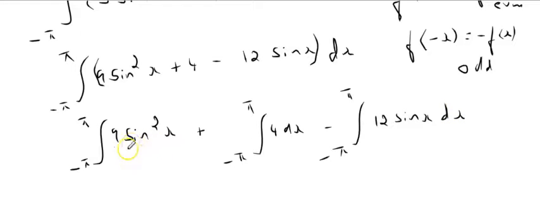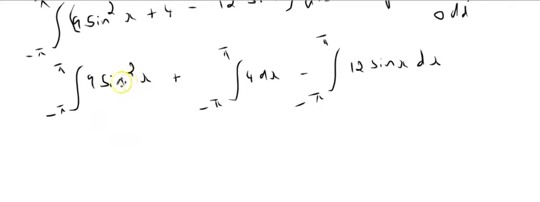Obviously we can see that 9 sin squared x is going to be an even function because it is a square function, right? So even if I replace x by minus x, I'll get plus f of x only. So I can rewrite this as integration of 0 to pi, I'll take the 9 also outside, 2 into 9 sin squared x.